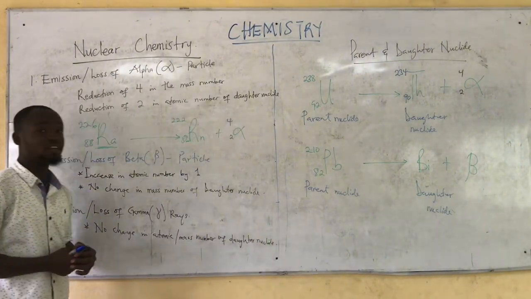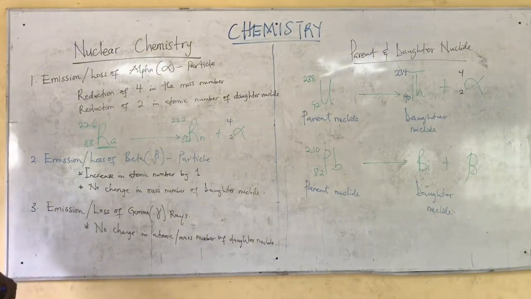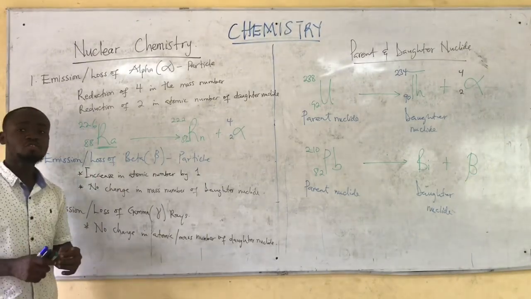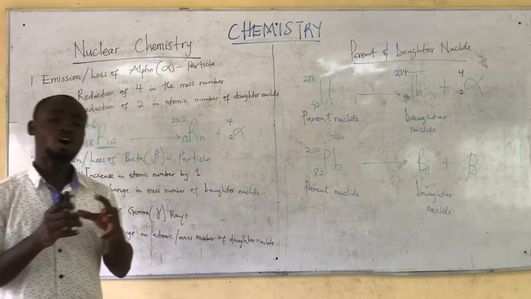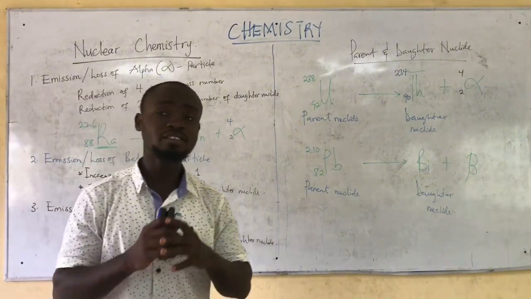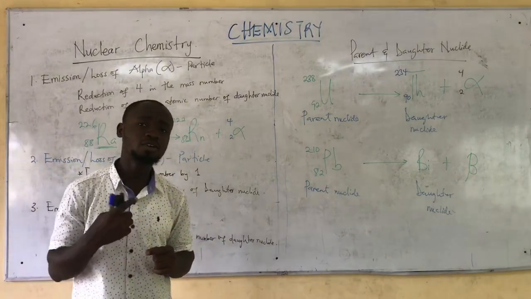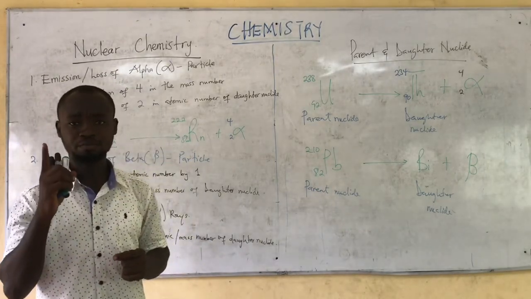Now let's move on to the next emission, that is beta emission or loss of a beta particle. With the loss of a beta particle, the mass of both the parent and the daughter nuclide remains the same. There's no change in the mass. But the proton number of the daughter nuclide increases by 1.